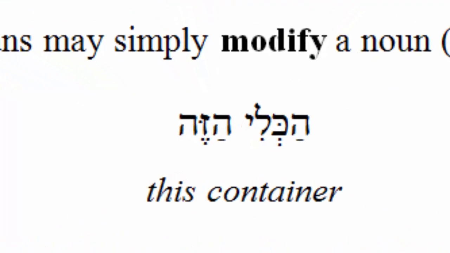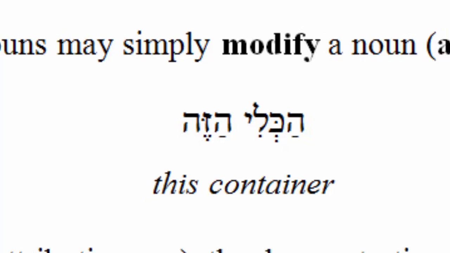Now, if we were to replace that adjective with a demonstrative pronoun, so that instead of hakali hatov, we have hakali hazeh, we once again have a simple description without any sentence, just an adjective phrase, attributive use of, in this case, the demonstrative pronoun. And that would mean this container.